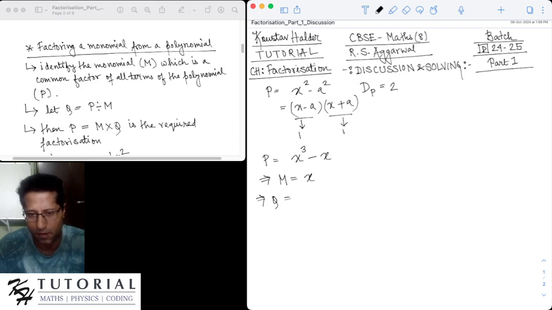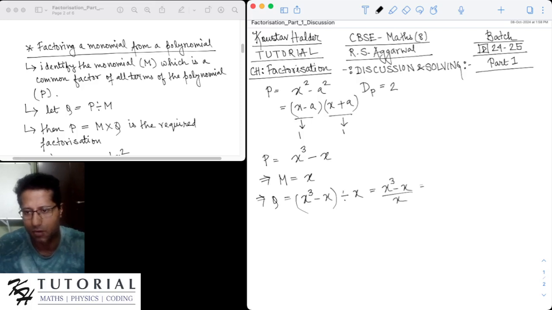Let q be the polynomial obtained by dividing the original polynomial by the common factor. So basically q is x cube minus x divided by x, which is equal to x square minus 1.